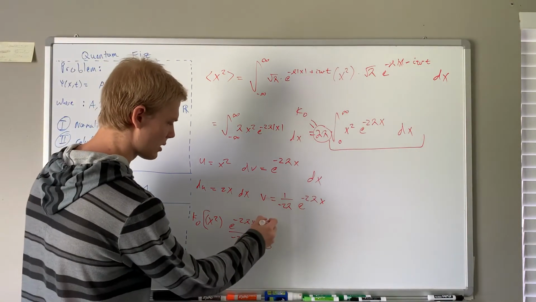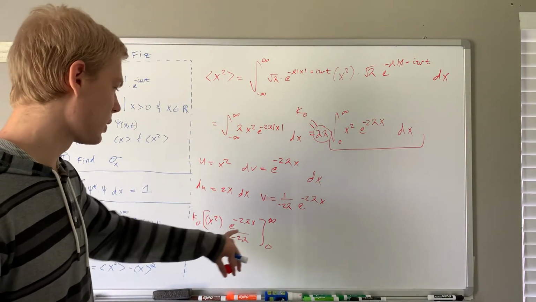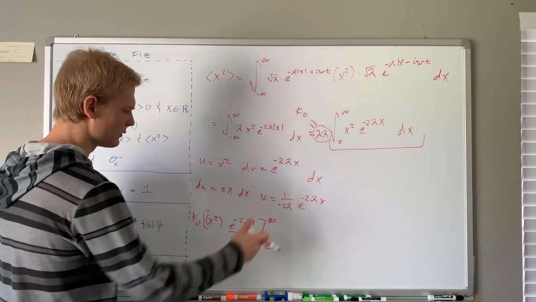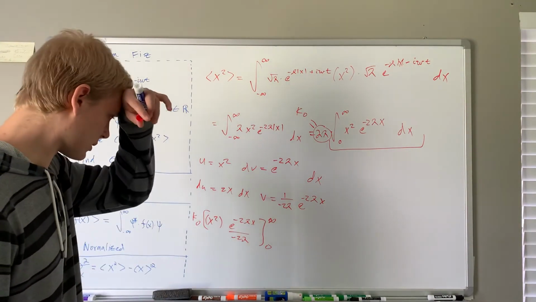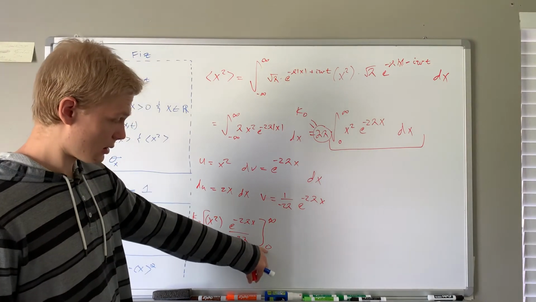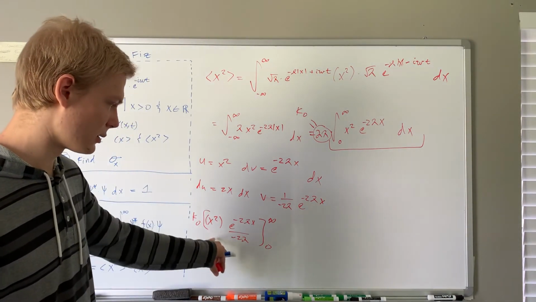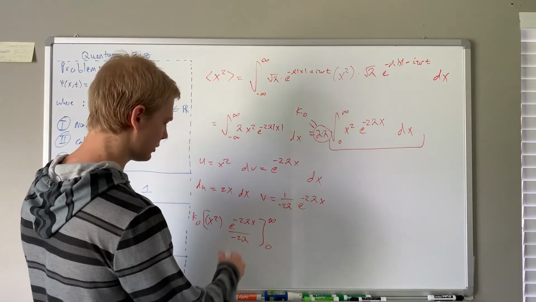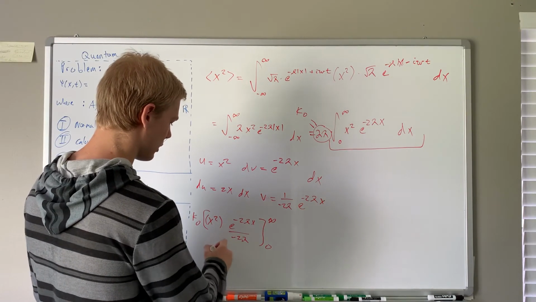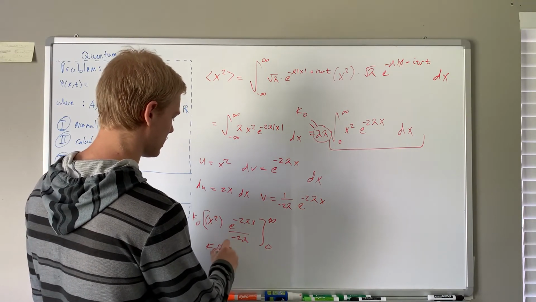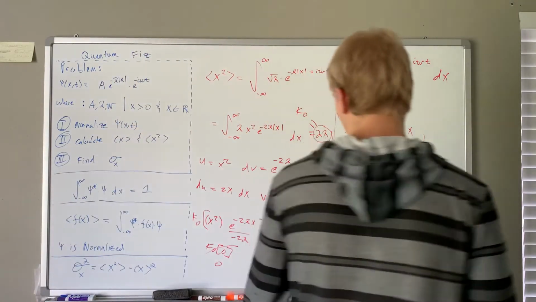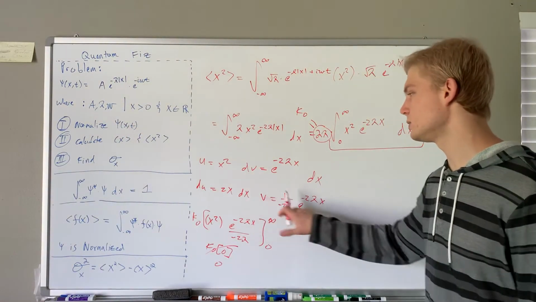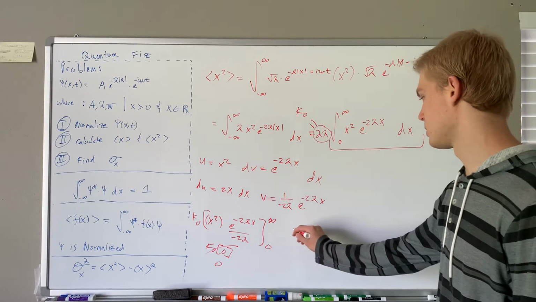0 to infinity, but if you quick glance, you plug in infinity, you get 0 times infinity, which is 0, and when you plug in 0, you get 0 times 1, so it's 0. So this whole thing becomes k naught times 0, which is 0. But you're left with these two guys on the integration by parts.